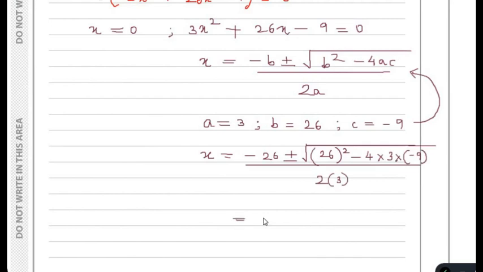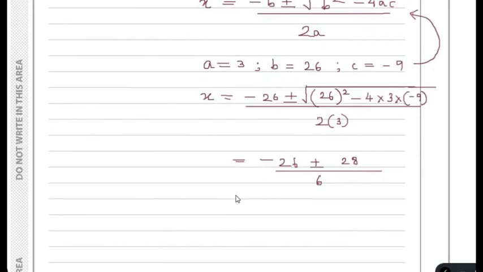So here we get negative 26 plus minus square root of this entire term, which gives us 28, over 2 times 3, which is 6.